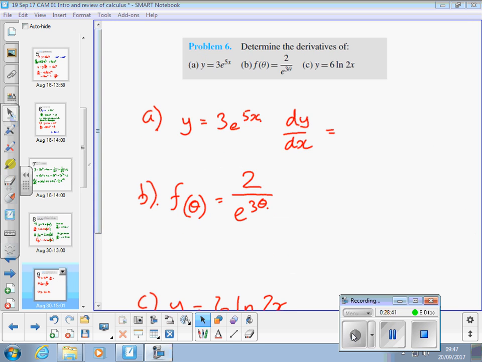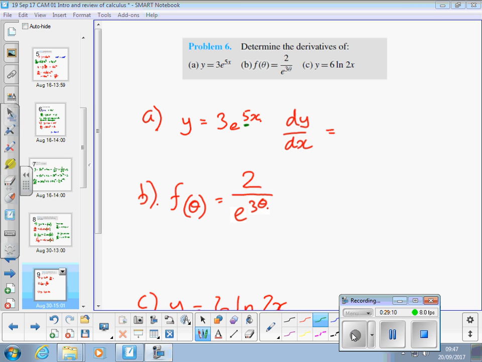Okay, what have we got for the first one then? The entry in the table is the second one down. So we've got e to the ax is what we're using. So looking at the entry on the right hand side of the table, we've got to bring this constant 5 outside and multiply.